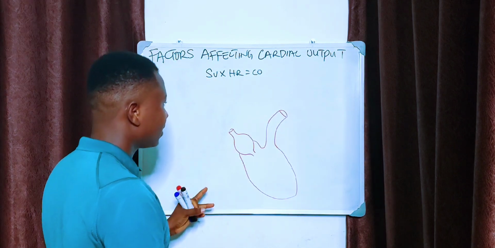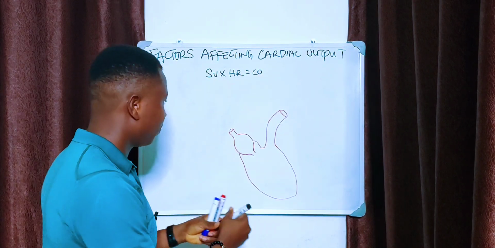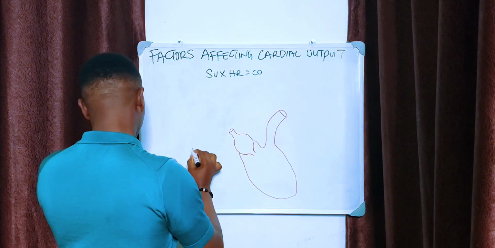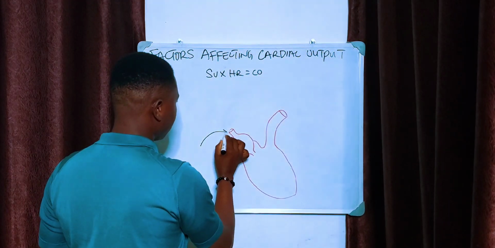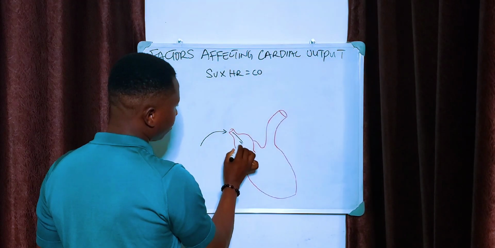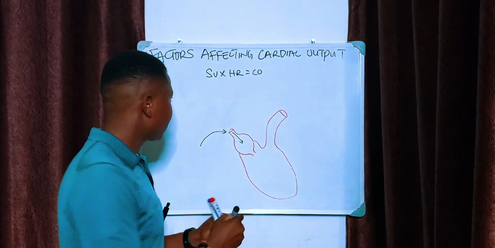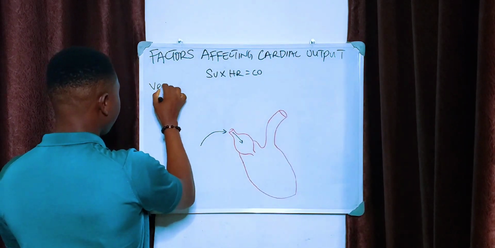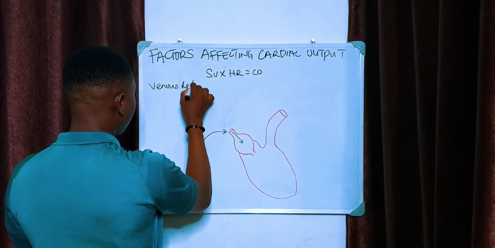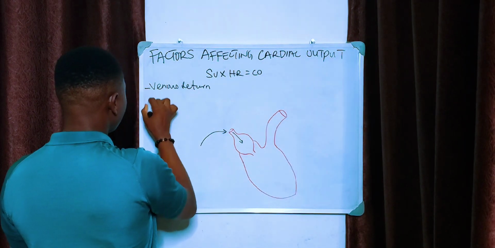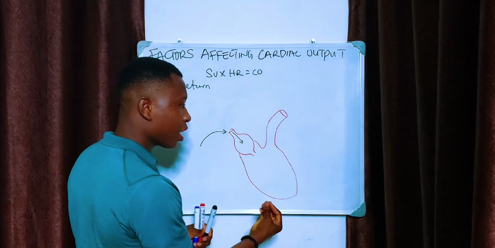The first is venous return, that is blood returning to the heart. The second is contraction.